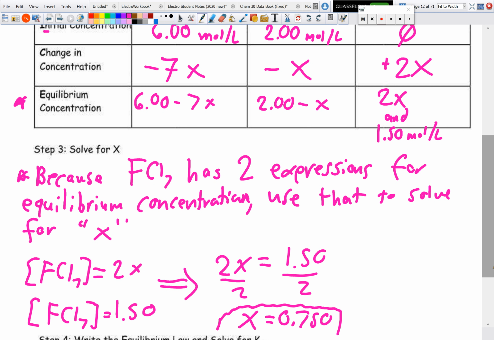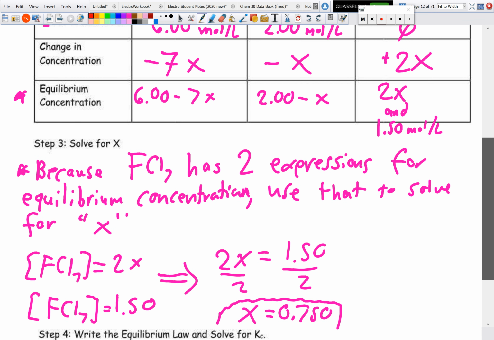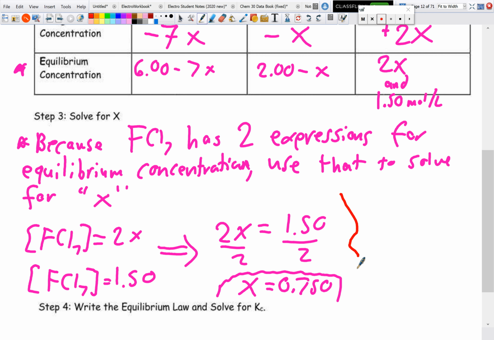So what we can do now is go back and actually plug in all of our values up here, right? So that means concentration of Cl2 is 6.00 minus 7x. And when you plug all that in, you get 0.750.